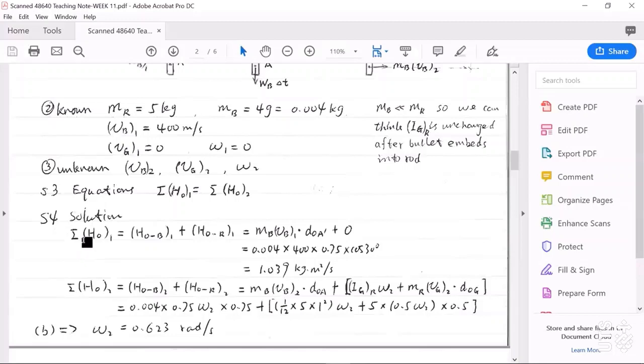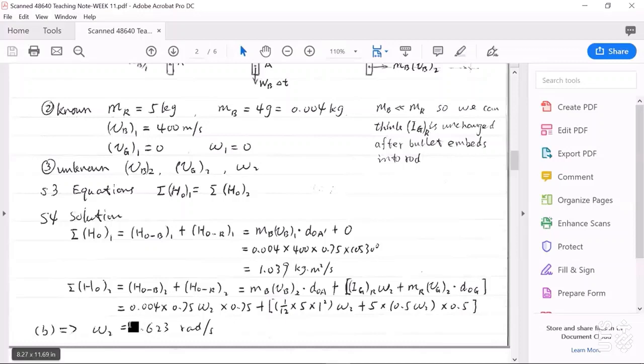So the summation of angular momentum in state 1 should be equal to the summation of angular momentum in state 2. Omega 2 is 0.623 radians per second.